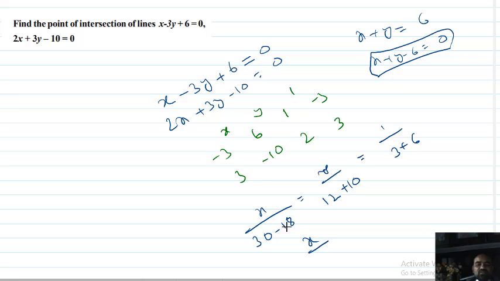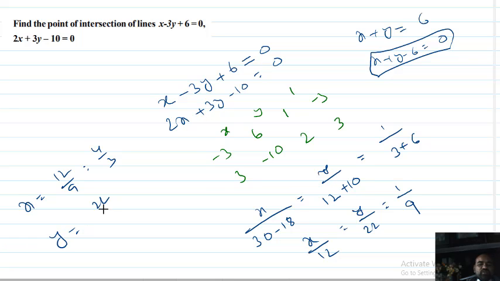So x by 12 equals y by 22 equals 1 by 9. So x equals 12 by 9, which is 4 by 3, and y equals 22 by 9. Therefore the point is 4 by 3 comma 22 by 9.